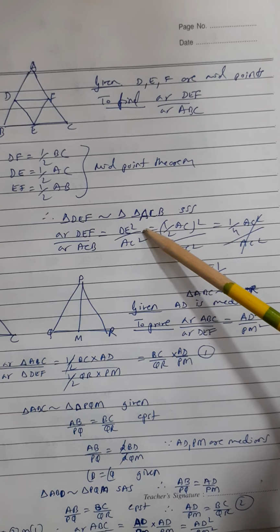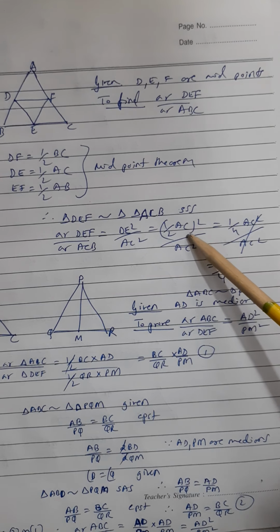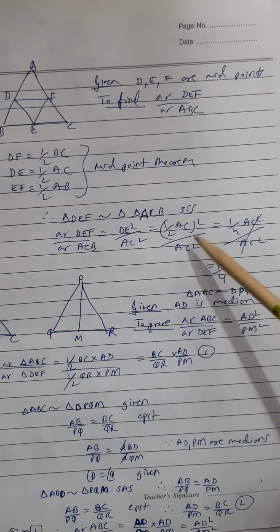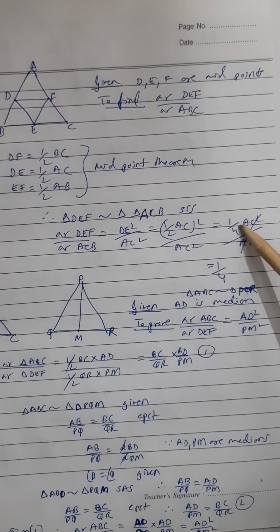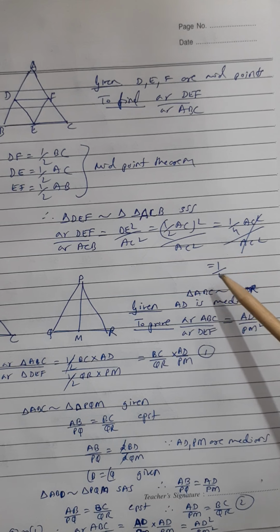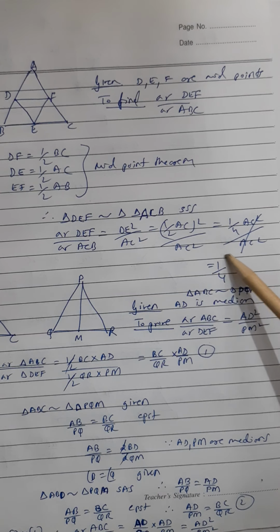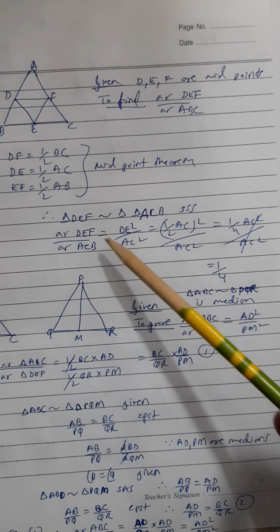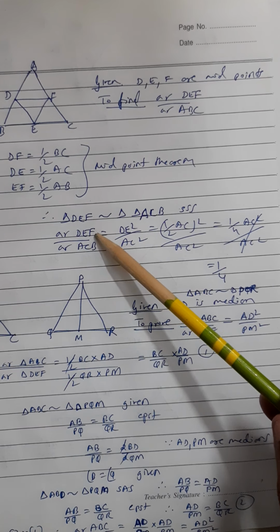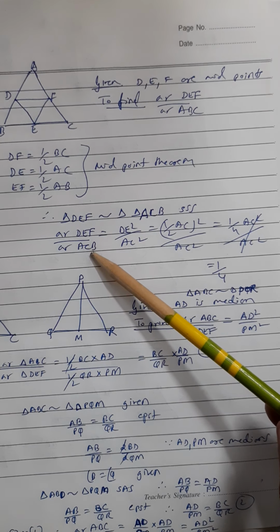And we know by midpoint theorem that DE is half of AC. So we get (half AC) whole square by AC square. Open the bracket, we get 1/4 AC square by AC square. AC square gets cancelled, and therefore the required ratio obtained is 1:4. Right? 1/4 means 1:4. So final answer: ratio of area of DEF by ACB is 1:4.